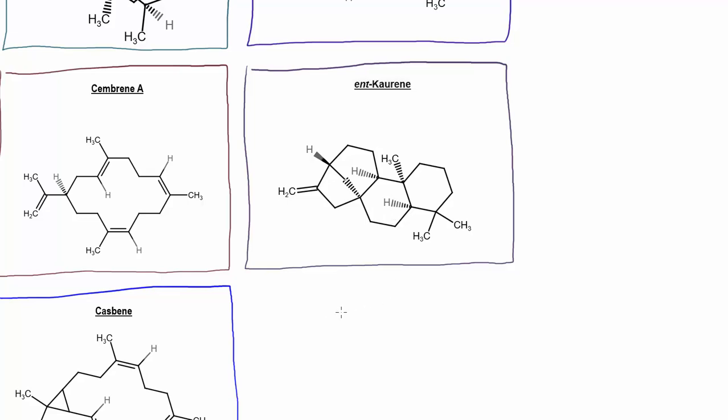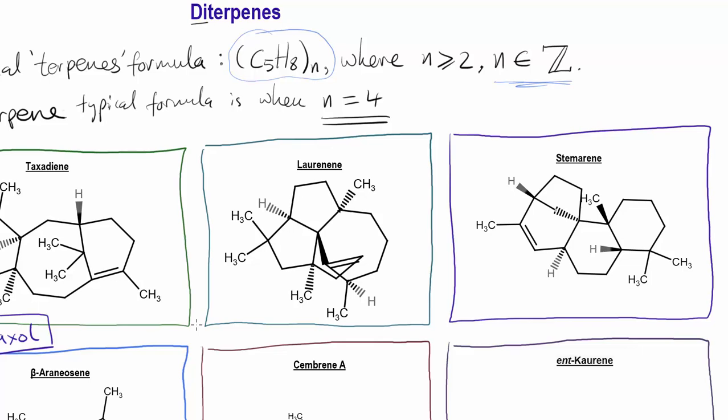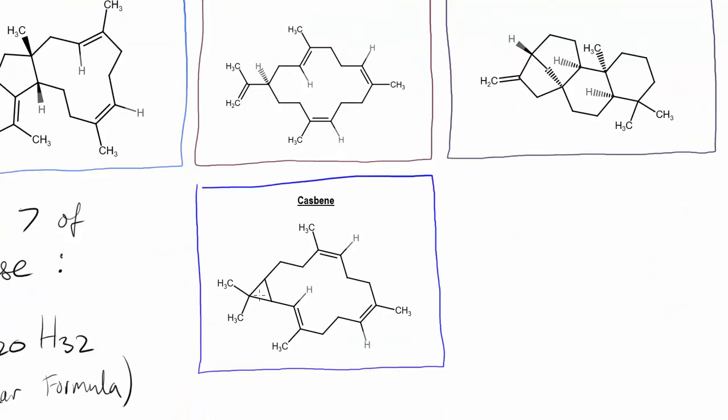And then the final one I've got here, and by the way, these are not all of the diterpenes. This is just some of them. I'm not going to include all of them, but this is casbene. And casbene is also naturally produced. So this is a molecule, again, C₂₀H₃₂, same molecular formula.